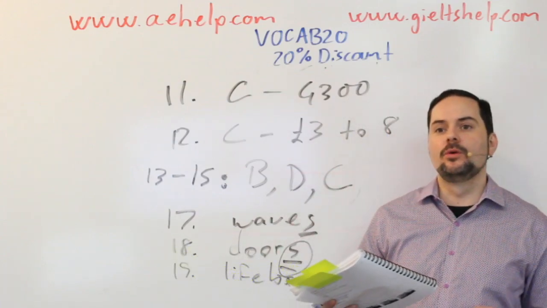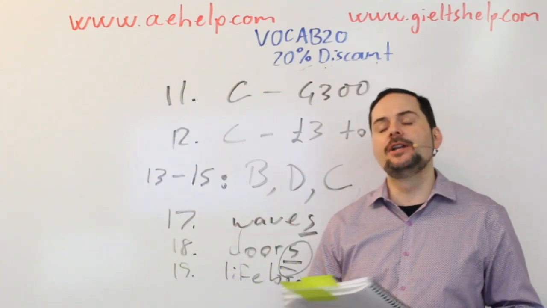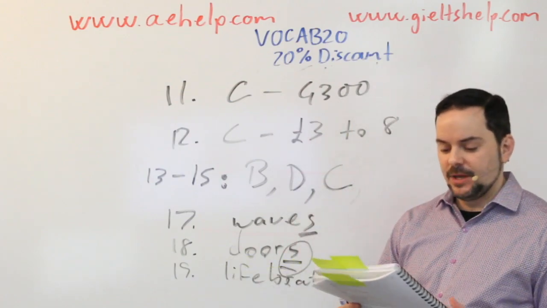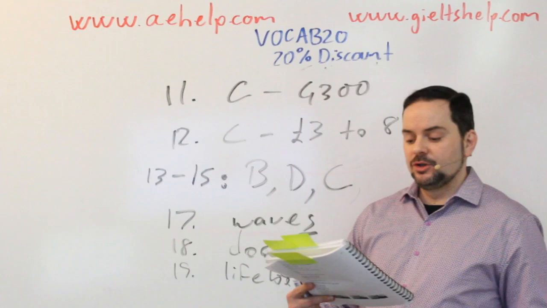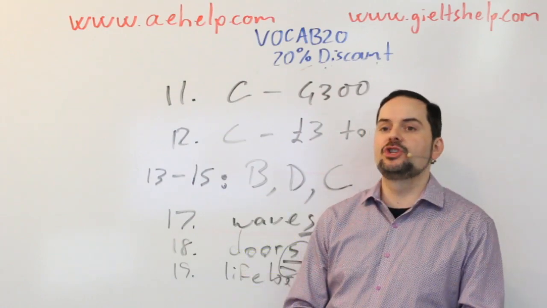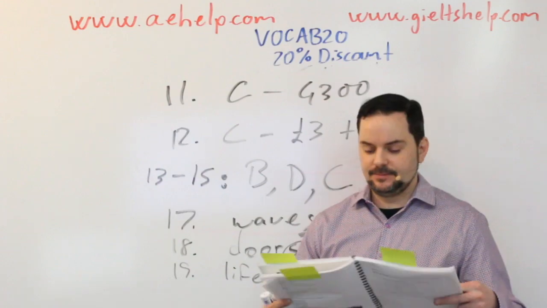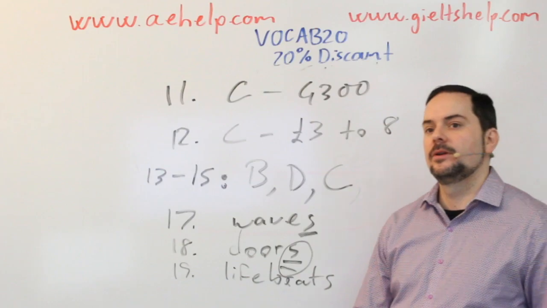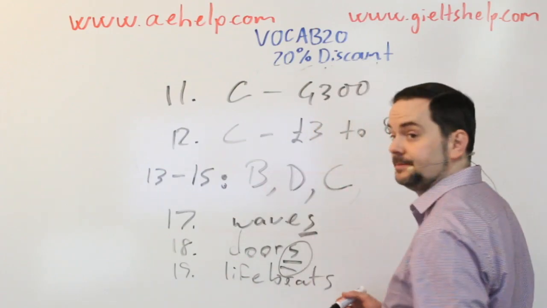Okay? So that's not correct. All right. So lifeboats. Then number 20. 1,523 people died, most from the freezing cold temperatures of what? Okay, so number 20.